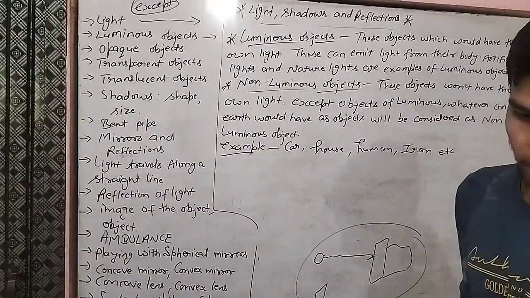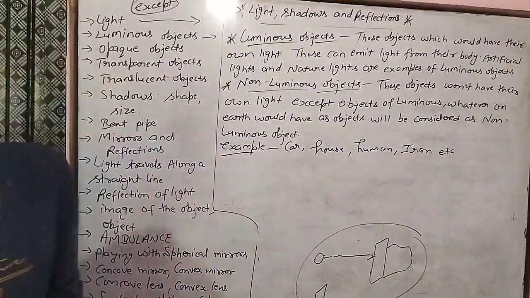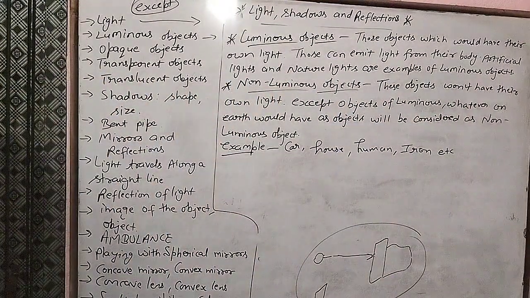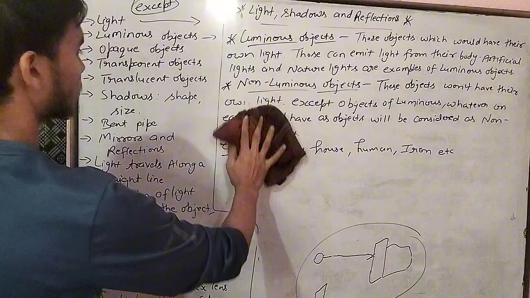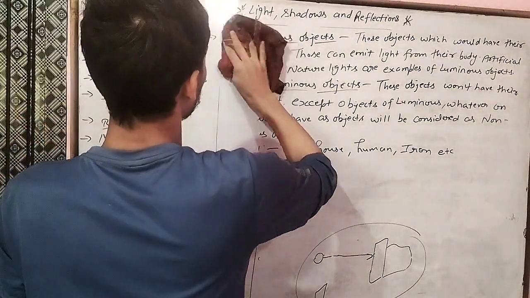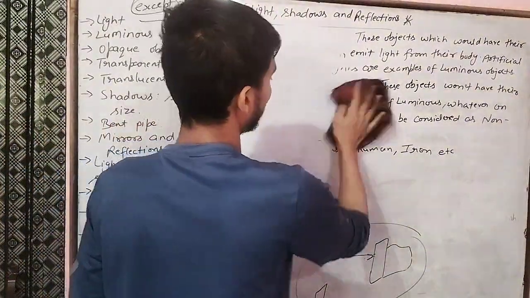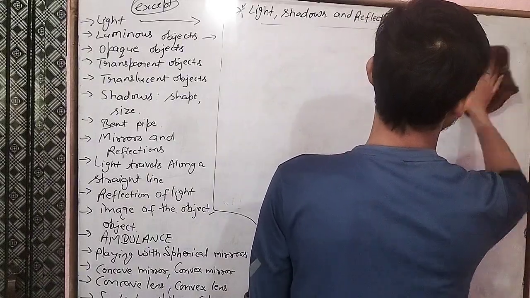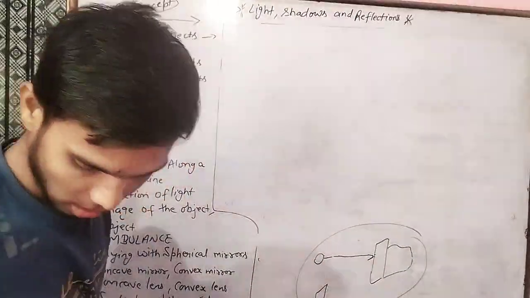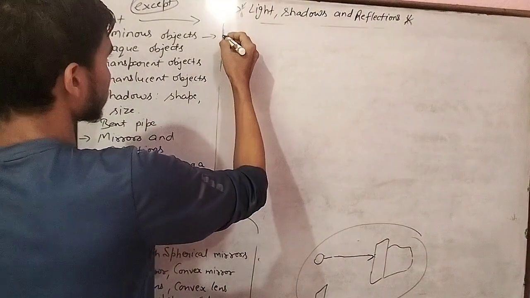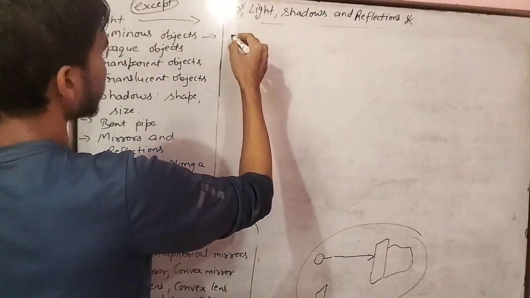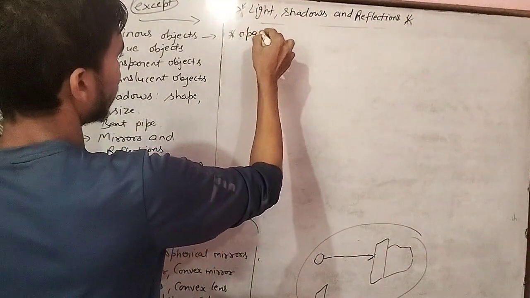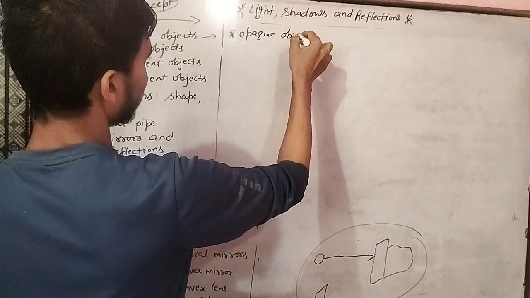So let's write in a written form. Opaque object.